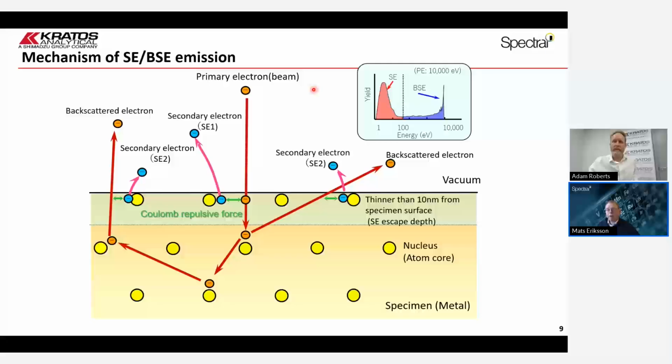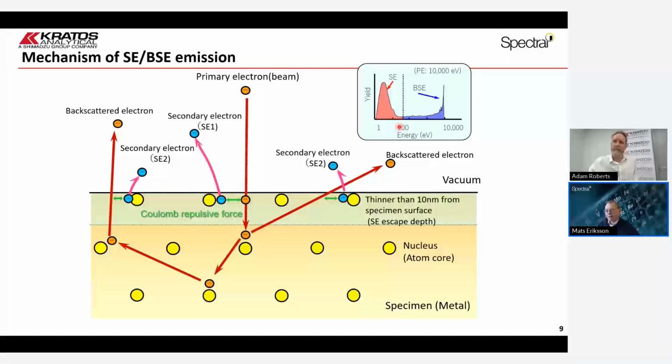But of course, we are bombarding with electrons, and we are creating inelastically scattered secondary electrons from the outer electron shells of the atom, and those have low energy. In the energy diagram on the top right, you can see the secondary electrons are by definition below 50 electron volts.